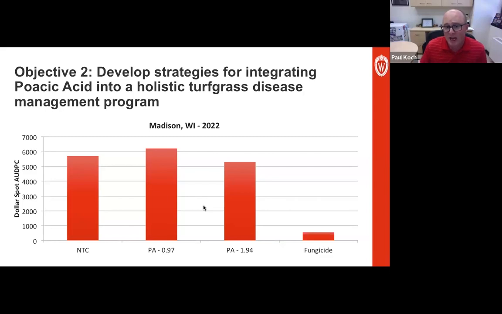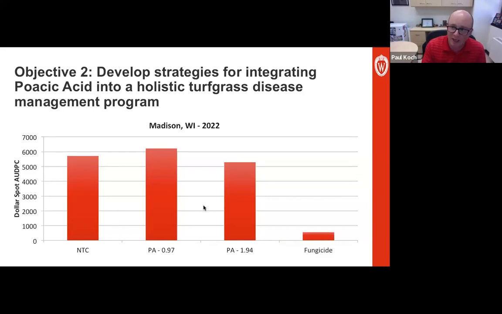What we noticed is that the lower rate of Poacic acid really had very little control compared to the non-treated control, whereas the higher rate of Poacic acid did reduce it nominally, not a lot. I don't have error bars here, but this was a statistically significant reduction compared to the non-treated controls.